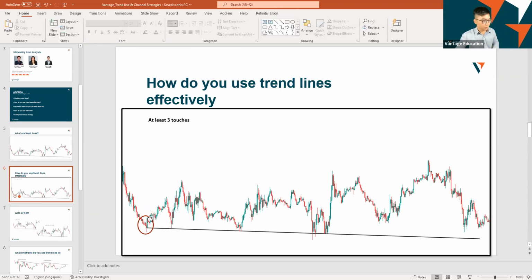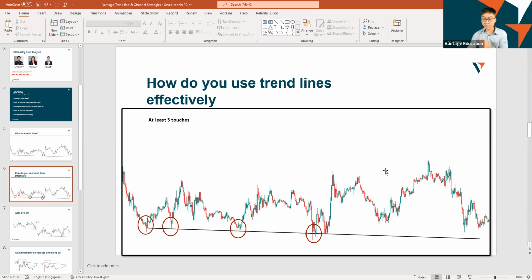Oh, sorry, I should copy this instead. 2 touch, 3 touch, and then here we have a very nice 5 touch trend line. So minimally, we must have at least 3 touches for an effective trend line.